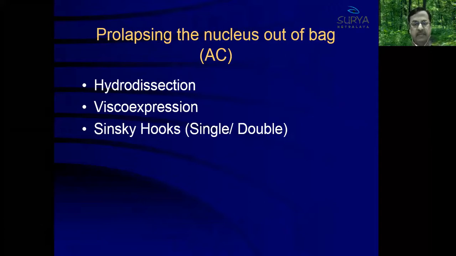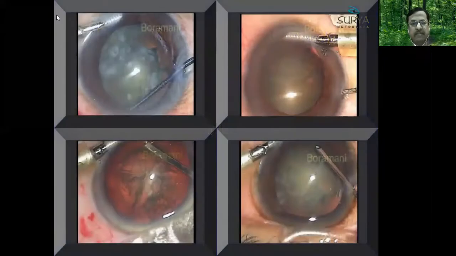Many times you can prolapse the nucleus out of the bag with viscoexpression, or most of the time, you have to prolapse the nucleus, rotate it, and tumble it out of the capsular bag. This can be done using a single-handed technique with a single Sinskey hook, or sometimes with two instruments in a double-handed technique. I'll be showing both of them. So let me show you a few videos.